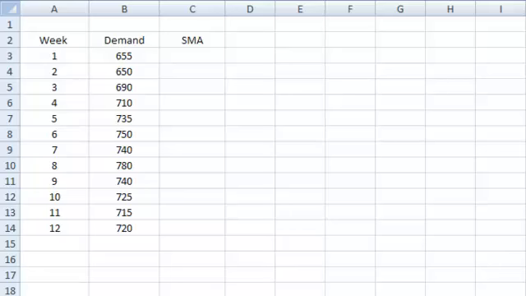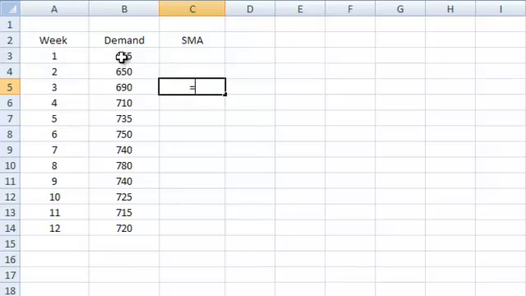What we could do is try and use this information and just use a simple moving average. All that means is that we'll take a previous number of periods and average it. If we decided that we wanted to use a 2-period simple moving average, we could begin our forecast in week 3.